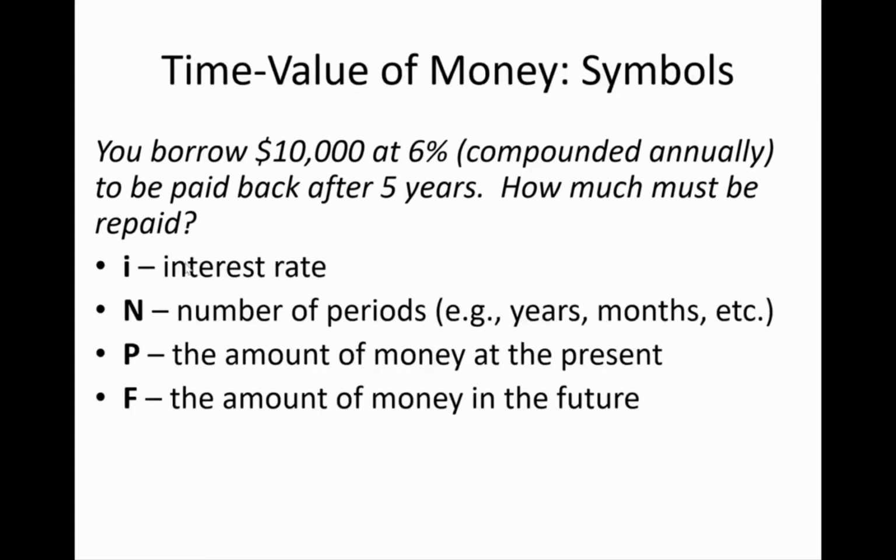Let's talk about that a little bit more. I means interest rate, and it's assumed that the interest rate is interest rate per period. In the problem statement, it will tell you what the periods are. For example, 5 years, and it says compounded annually.